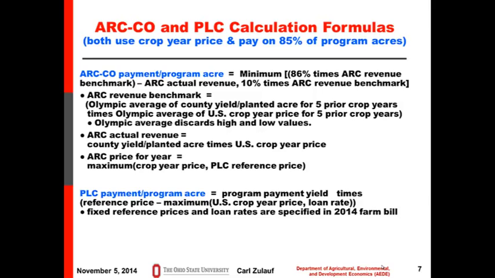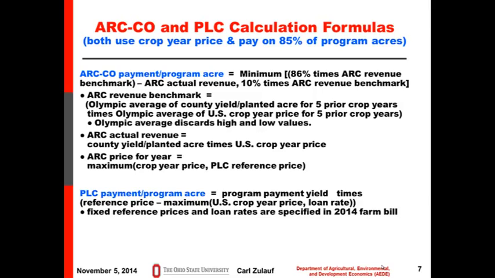ARC-CO and PLC therefore will not make payments for any crop until October of 2015 for the 2014 year. Finally, one last really important thing about ARC is that ARC has a minimum price in its calculation.